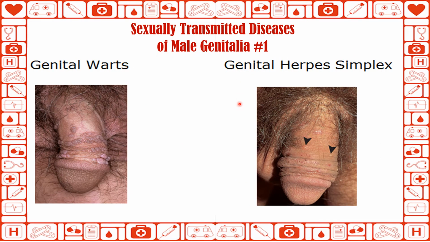So these are examples of sexually transmitted diseases in male genitalia. So we have here genital warts. Look at this, kung anong itsura ng genital warts. The appearance is usually single or could be multiple, as you can see in this picture.